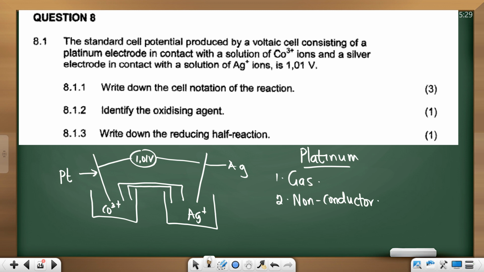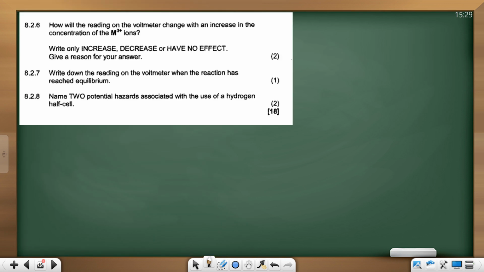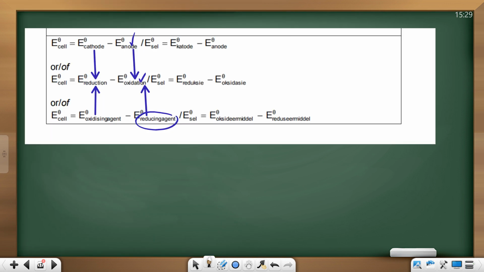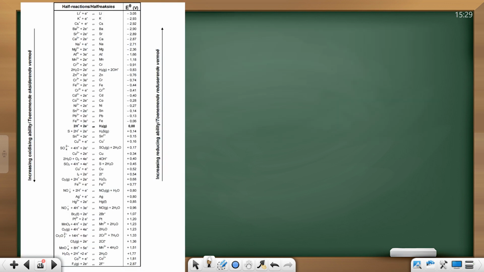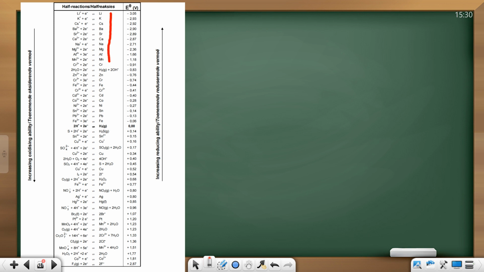Write down the cell notation. So let's go check together silver and cobalt quickly. Co3+. Please take note, we're looking for Co3+. Where is it? All right, we go down. That's chromium. This is cobalt 2 plus. So take the last one. Second, good.